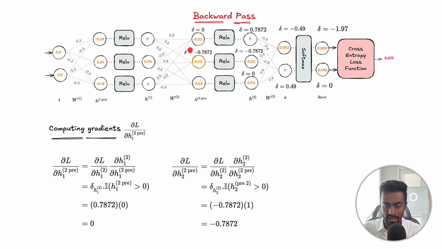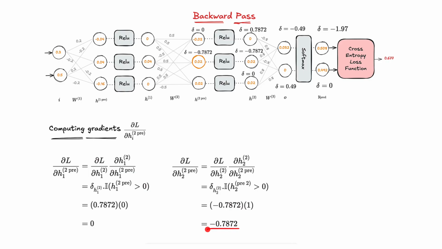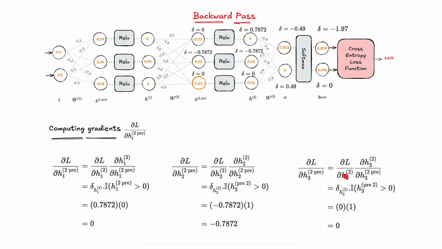Similarly, we compute the gradients for each neuron in this layer too in a very similar way. But in this case, the ReLU activation derivative is going to be 1 because this activation is greater than 0. And you get negative 0.7872, which we write over here. And similar to the first case, we have the computation become 0, and hence we write 0 over here.